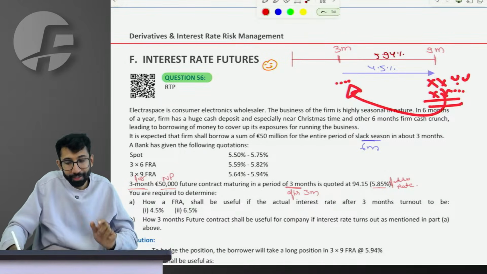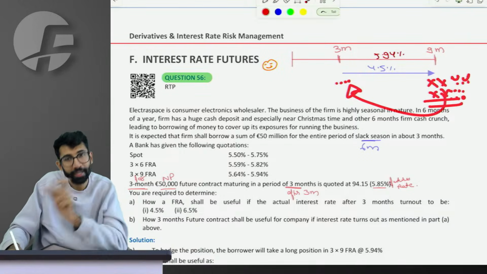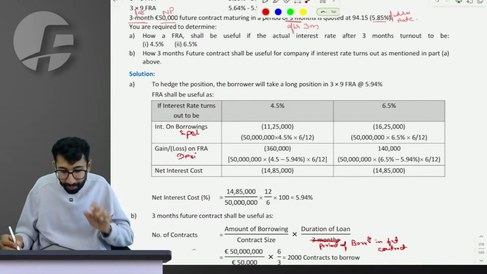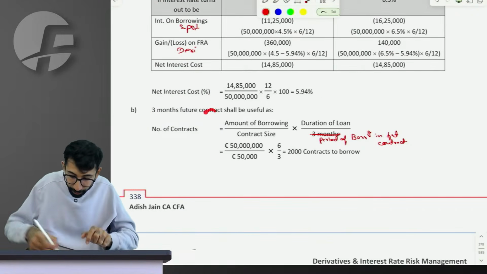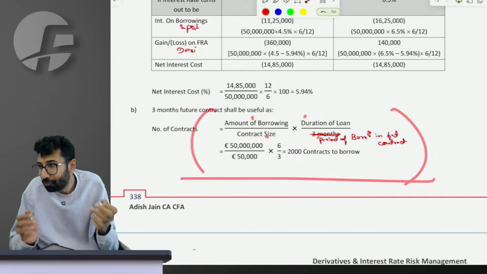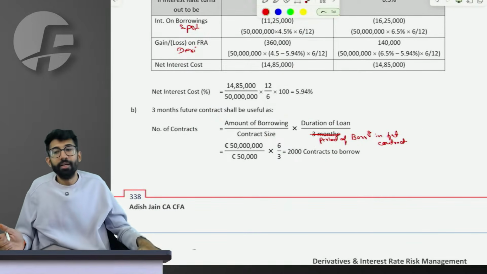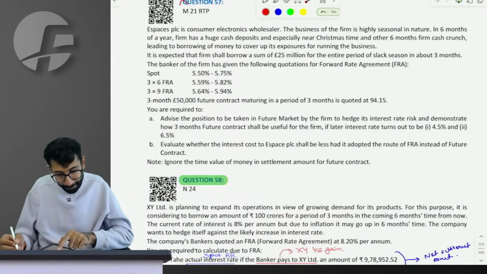Since the spot market interest is at the 9-month end, let's keep the derivative market gain or loss also at the 9th month end. That was the first learning. Second learning: for futures hedging you have to think like FRA, but for the purpose of calculating the number of contracts you have to make use of this formula, the logic of which I have also explained. I hope I'm able to convey to you 10 out of 10 question number 56.